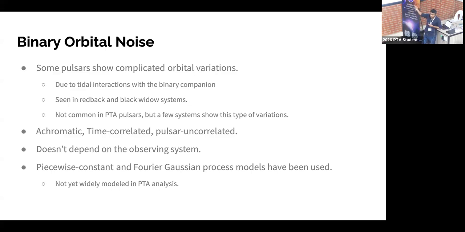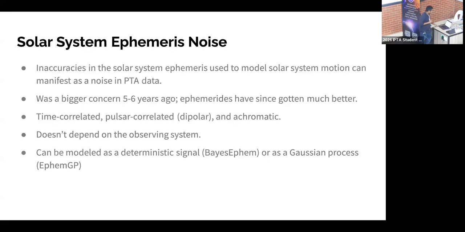It does not depend on the observing system because it is pulsar dependent. It's an astrophysical process. People have proposed piecewise constant as well as Fourier Gaussian process models, but these have not been adopted in PTA analysis as far as I can tell. And if we want to keep these pulsars, I think we have to do much better.